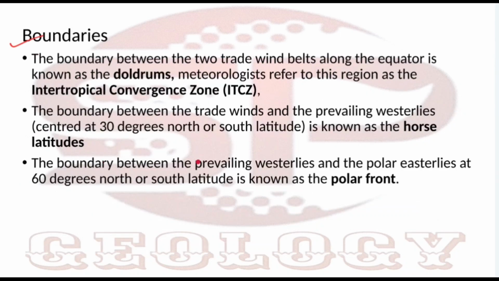Coming to the boundaries: at the equator, where the northeast and southeast trade winds meet, is called the doldrums or intertropical convergence zone. The boundary between the trade winds and the prevailing westerlies is the horse latitude, at 30 degree. The boundary between the prevailing westerlies and the polar easterlies is the polar front.